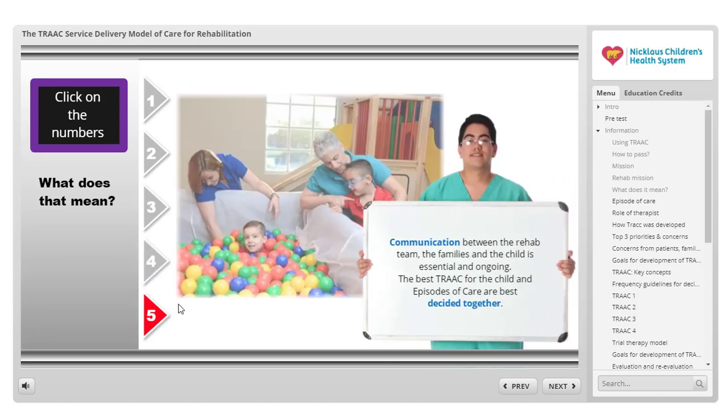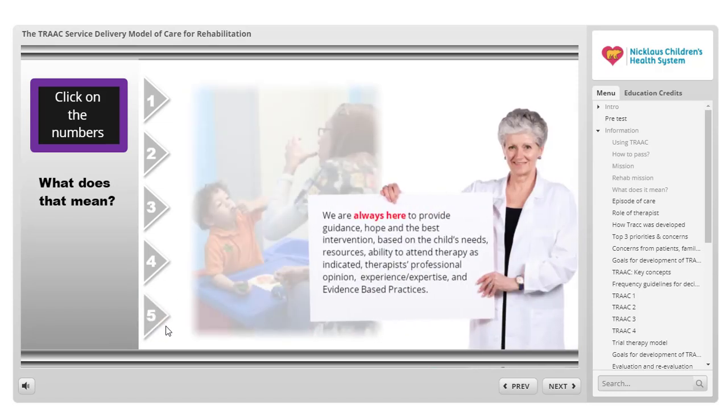Communication between the rehab team, the family, and the child is essential and ongoing. The best track for the child and episodes of care are decided together. So that means that we're always here, and we're here to provide guidance, hope, and the best intervention possible.